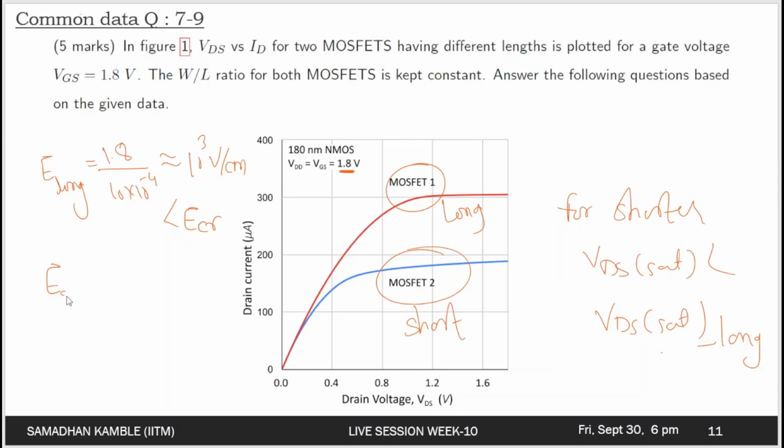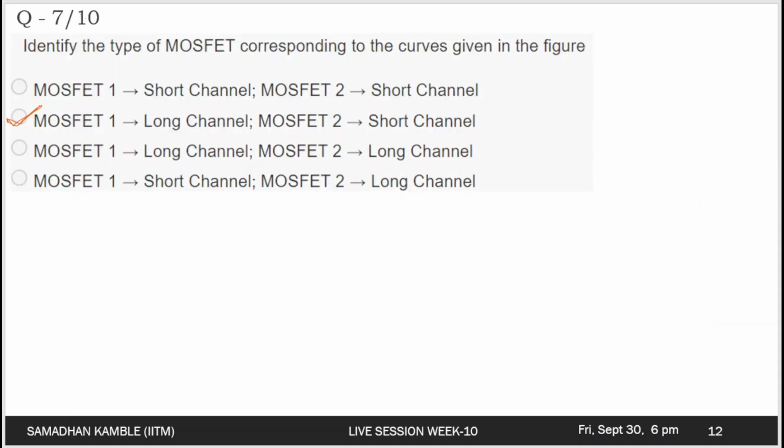Similarly, for the short channel, when we decrease this length, the electric field increases and will be roughly equal to our critical electric field, and hence the drift velocity saturation occurs at the lower electric field in the short channel.